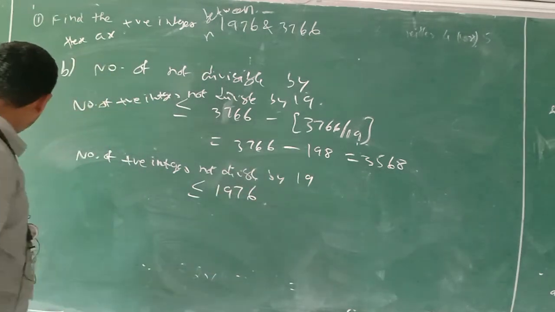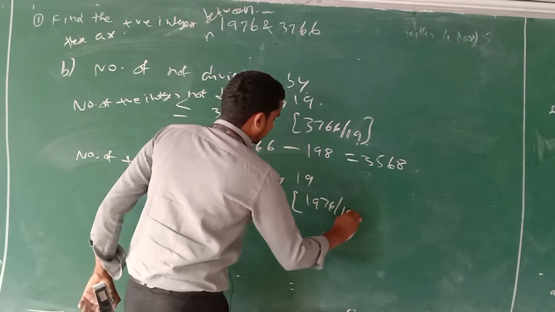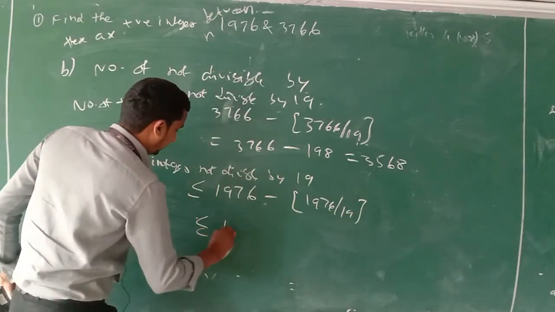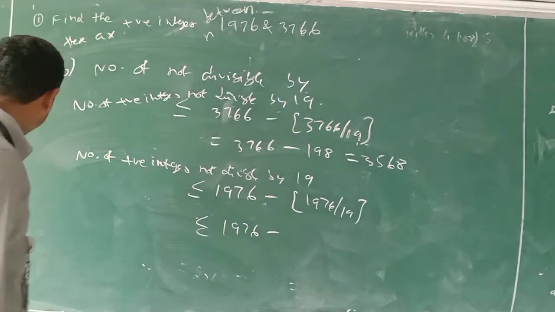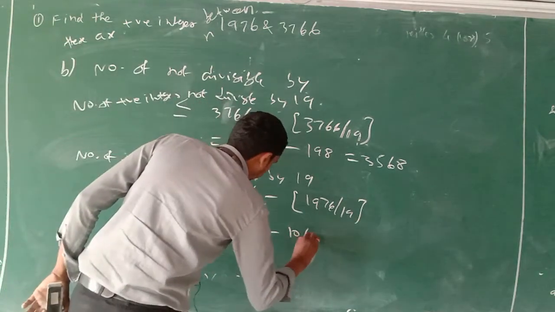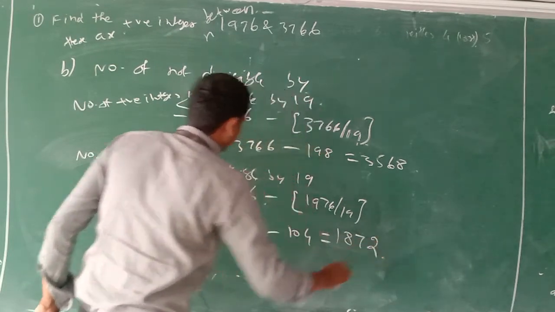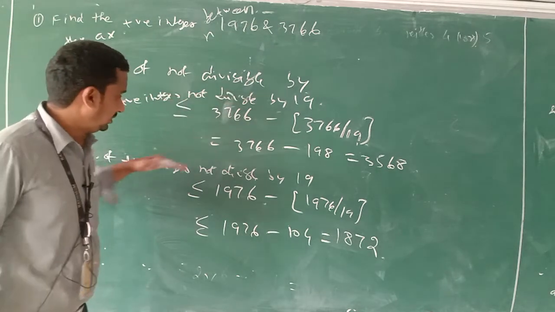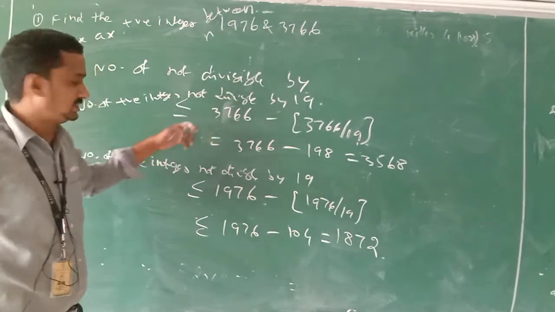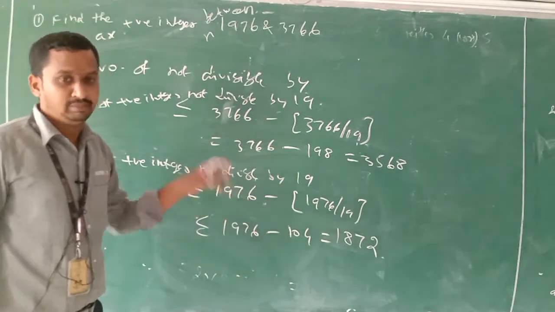For the minimum value 1976, less than or equal to 1976, we subtract the multiples of 19: 1976 divided by 19 is 104, and we get the answer 1872. So we have found the numbers not divisible by 19 up to 3076 and up to 1976.